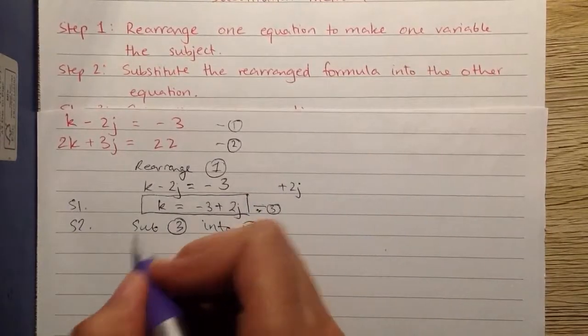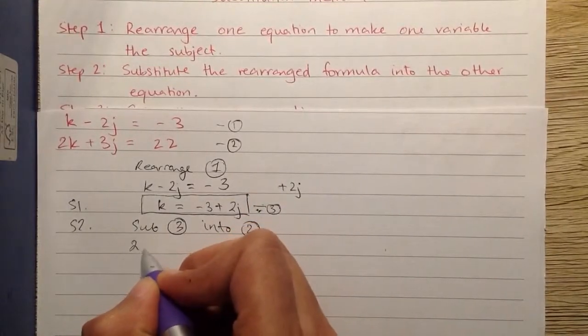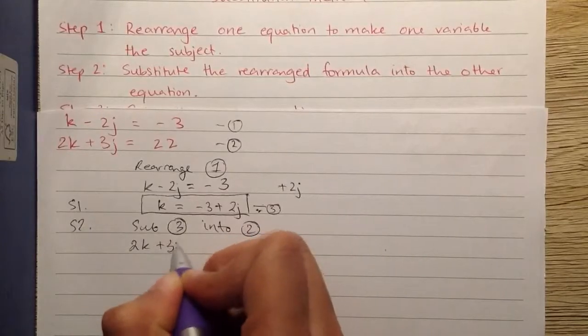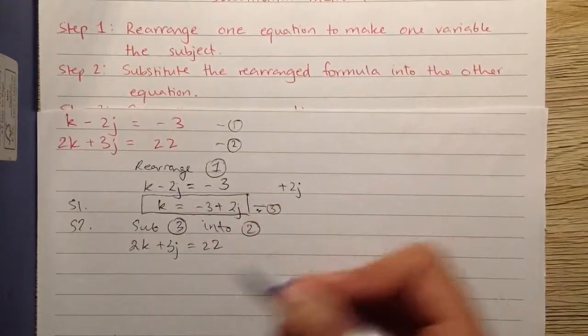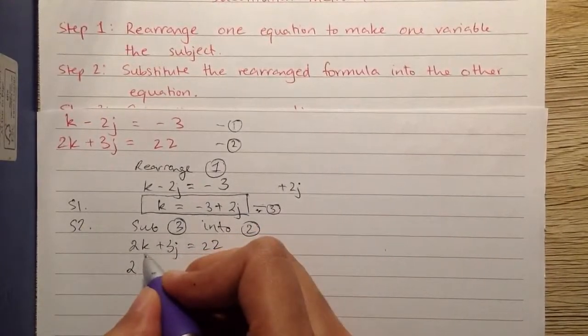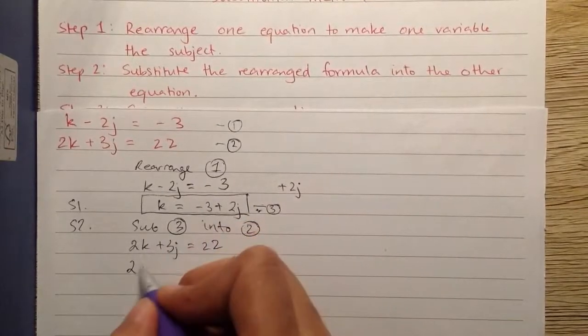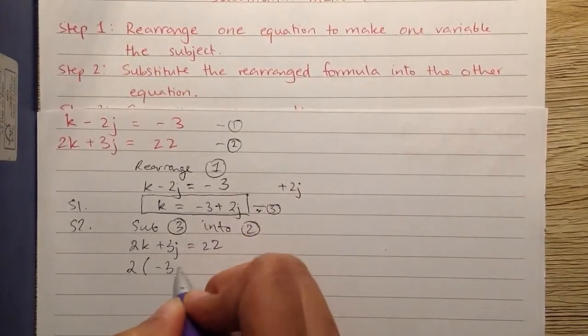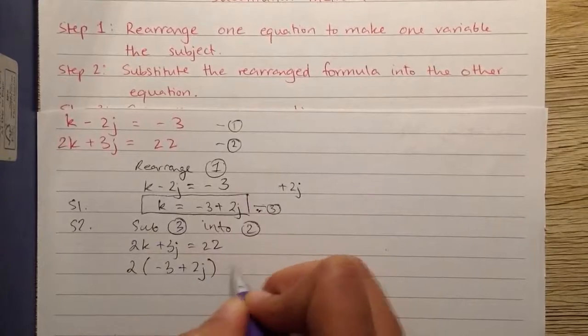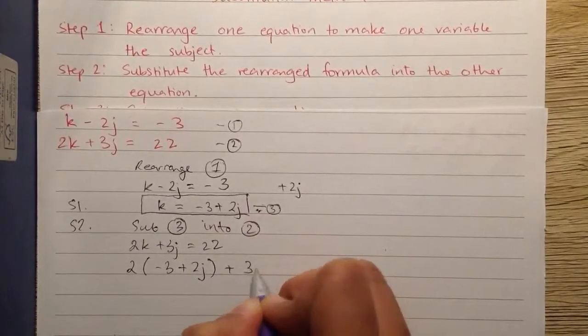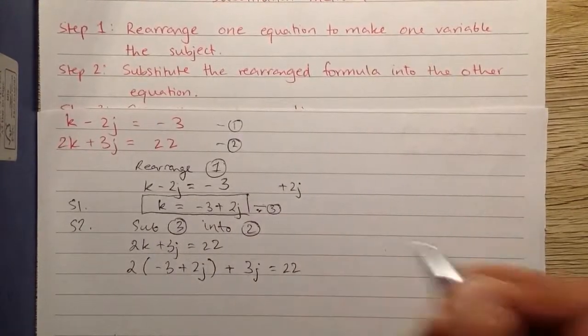So 2k plus 3j equals 22 becomes, k gets swapped with this, so we have -3 plus 2j plus 3j equals 22.